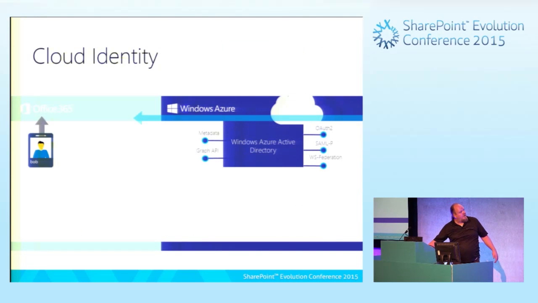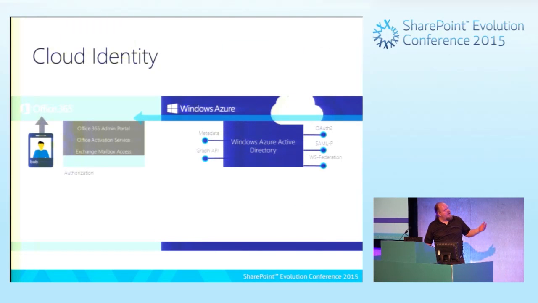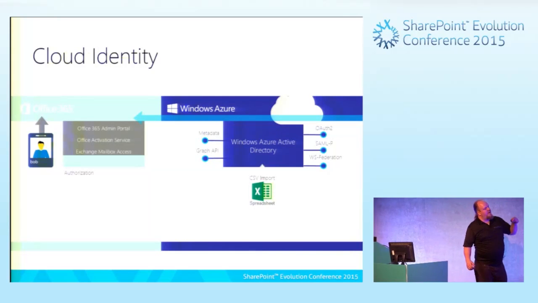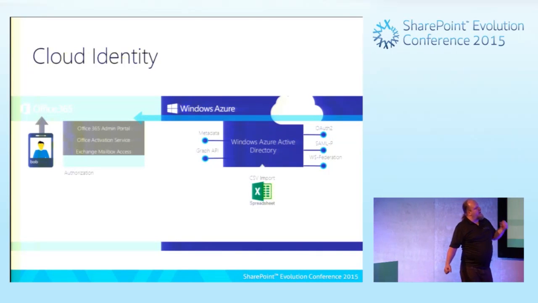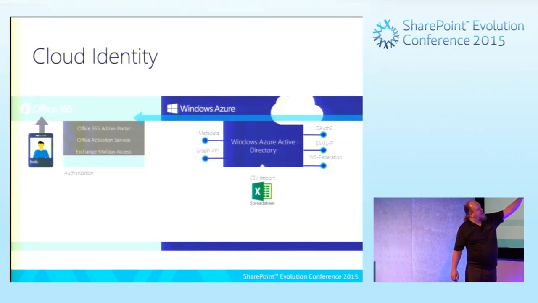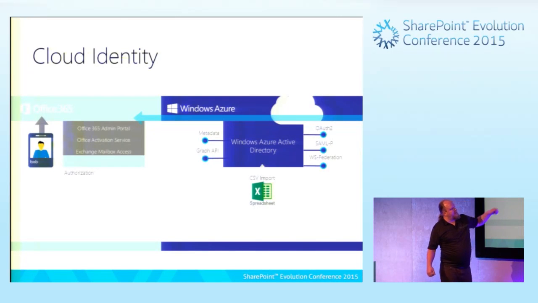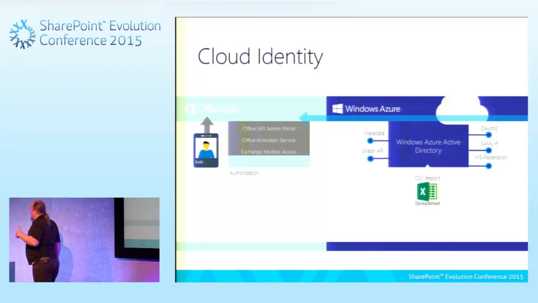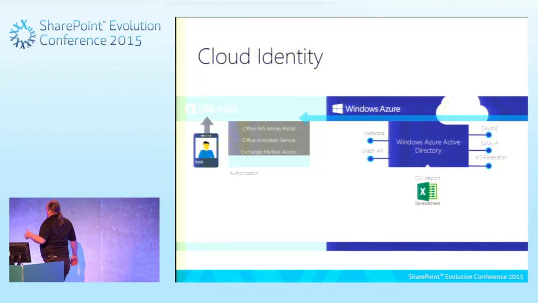So the capabilities we have for the cloud identities are very trivial. Usually you provision them using PowerShell, or you may have an Excel spreadsheet with your usernames that you just upload to Azure AD. There are also different APIs, so you can programmatically do a bunch of things, and this is an area we are expanding more and more.